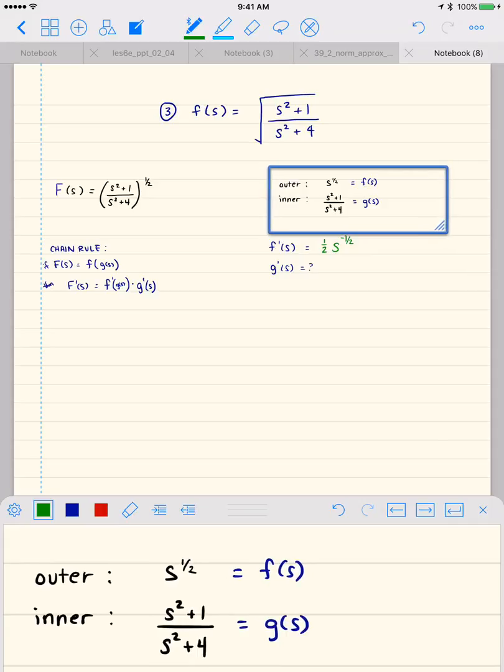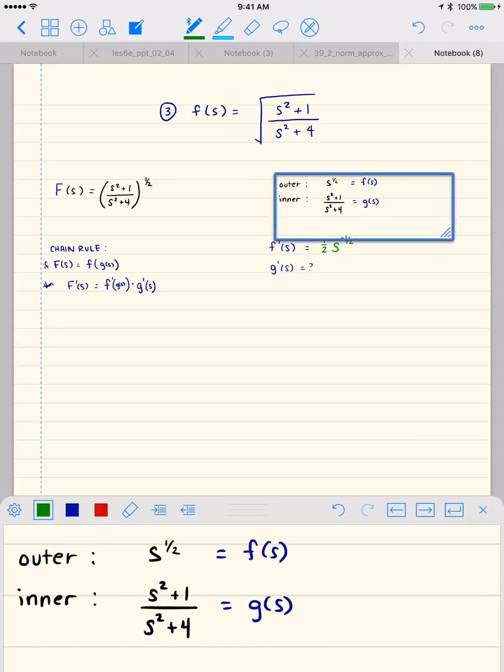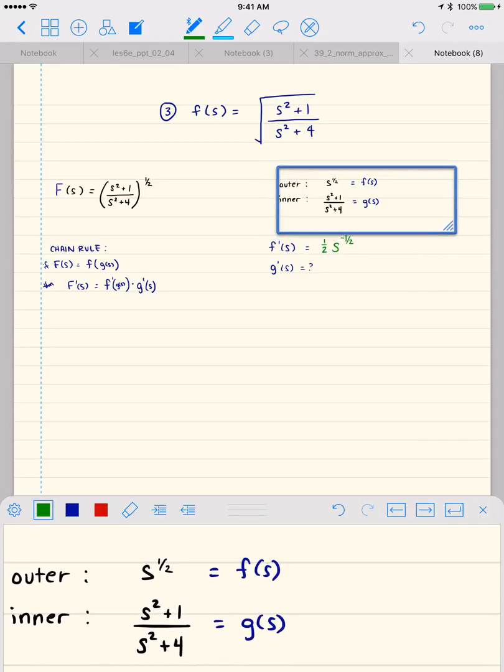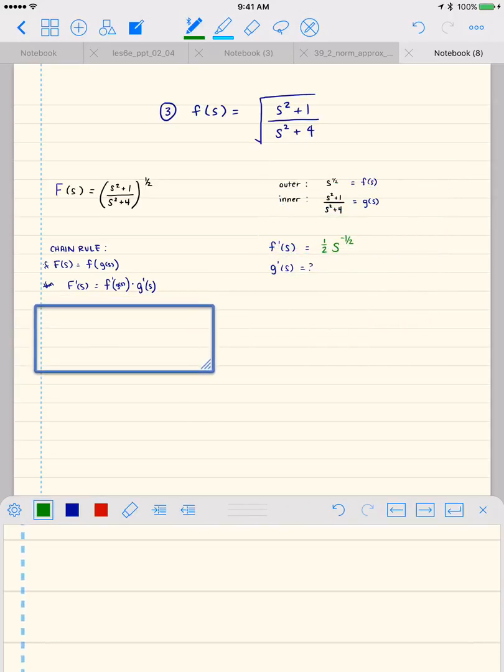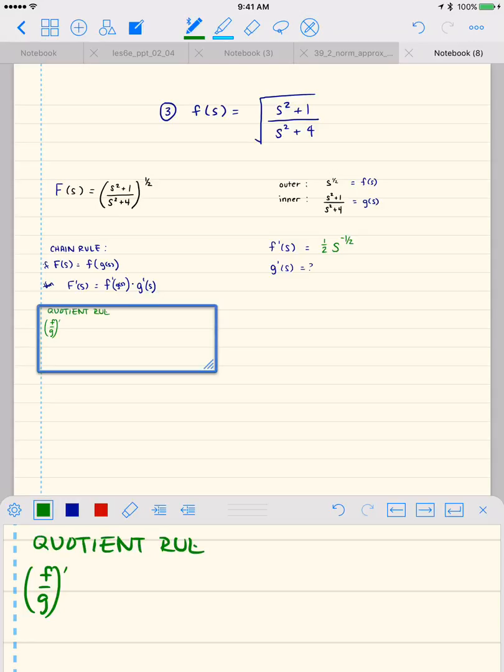And now what about g prime? Okay, so this might be a little bit more difficult. For g prime, I know that a lot of you use the quotient rule, so I'm going to figure out the quotient rule real quick. So if I have f over g prime, so this is for the quotient rule, and I'm trying to see what that is equal to.